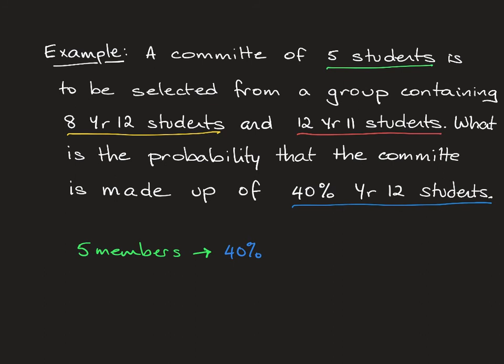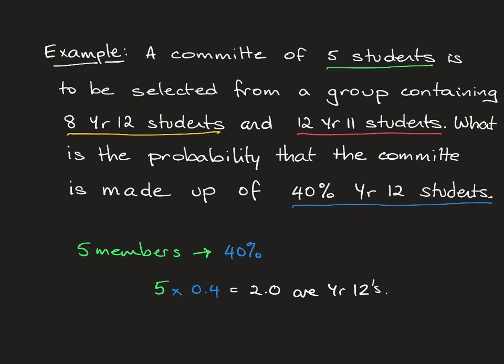It's 2 because we take 5 members, we multiply that by 0.4 if you like. 5 times 0.4 is equal to 2.0 and that's 2 people. So we're after the probability that 2 of those people are Year 12s.